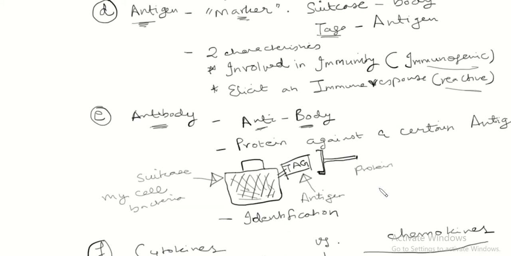So again, we're going to discuss more about the role of antibody, but the overarching goal of antibody is that it is able to hook into antigens on cells, identify these antigens, and mark or flag them.